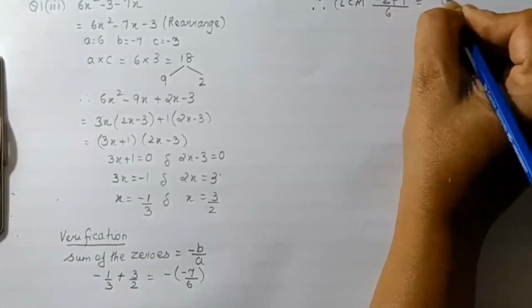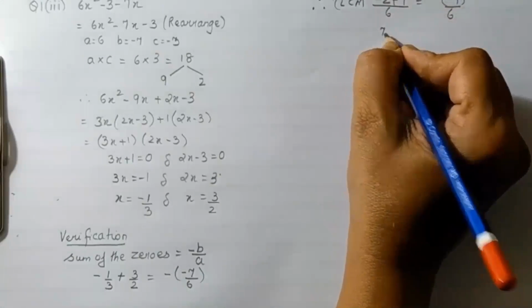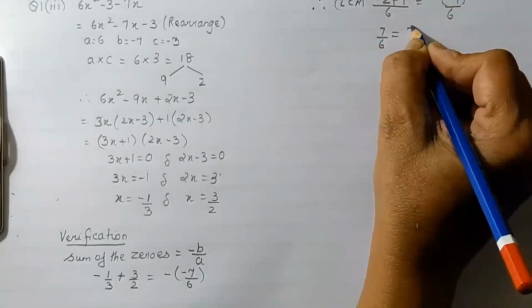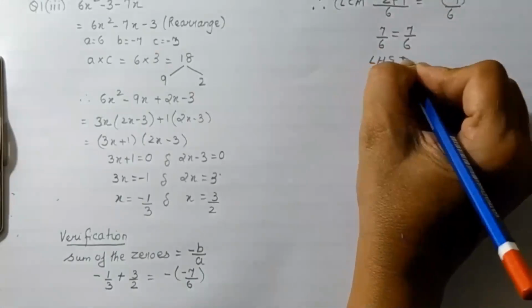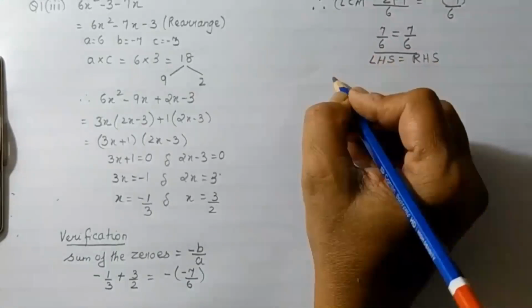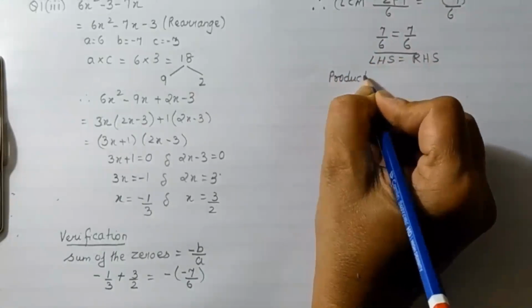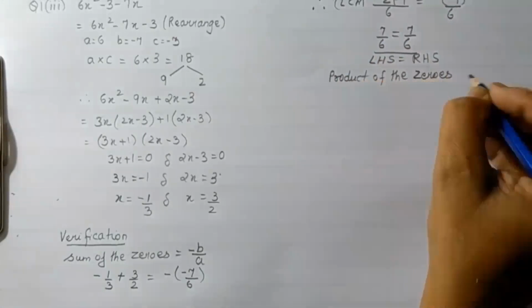So that will become minus 2 plus 9, so that will become plus 7. Okay, so LHS is equal to RHS. Now we are verifying the product of the zeros.